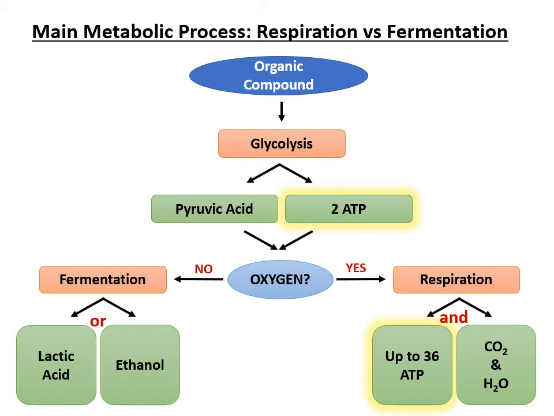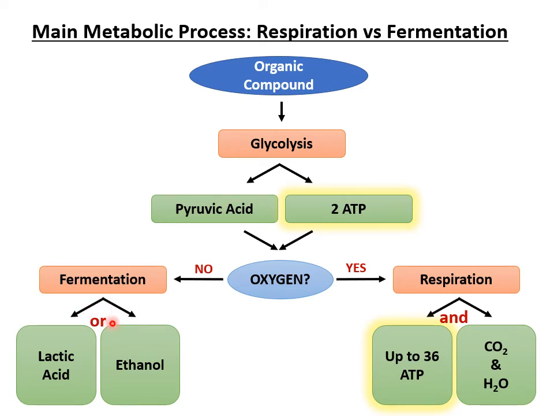Now, with this fermentation, what do you notice? How does fermentation over here differ from glycolysis and from respiration? What are you not seeing over here? There is no ATP produced from the fermentation step. So if there's no oxygen present, you get no ATP from fermentation.